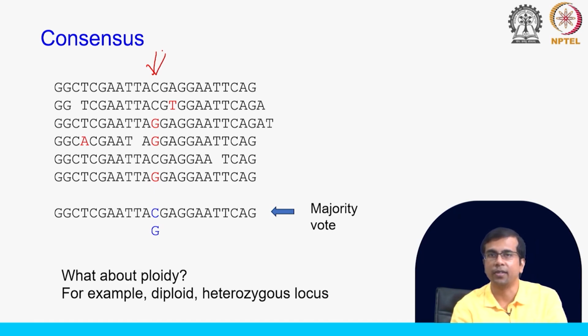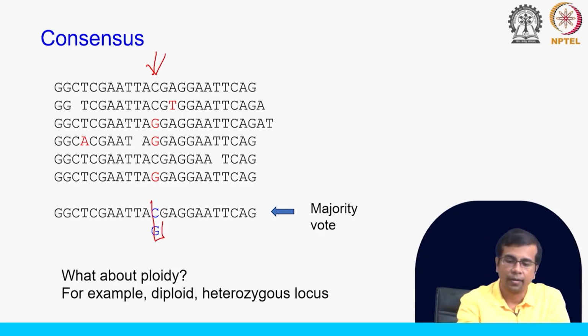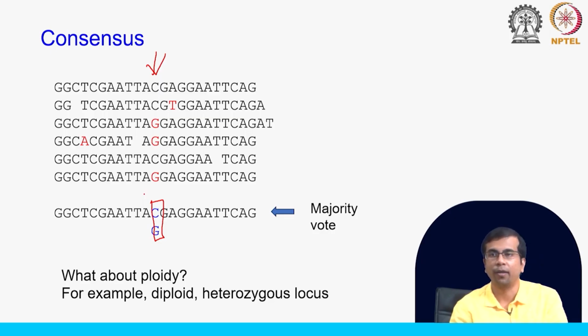One is C, another is G, and they are in equal frequency, so 50-50 or close to 50-50 in some cases. In that case, how do you decide the reference sequence? In that case, you have to actually consider that position as heterozygous, and so you'll have these two bases that are possible for that position.